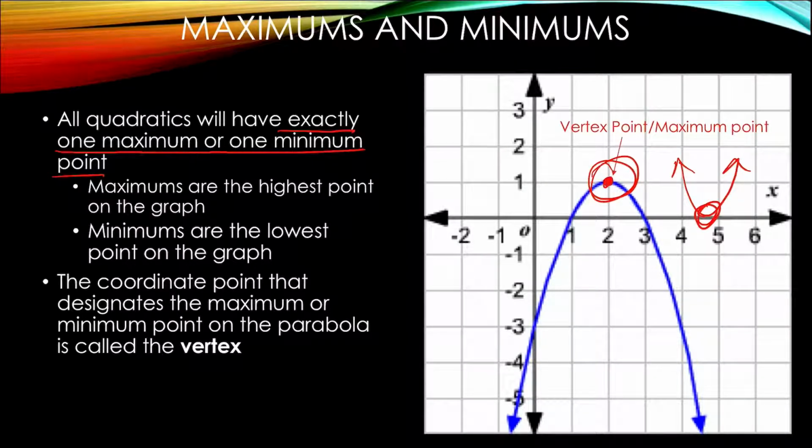The coordinate point that designates the maximum or minimum point on the parabola is called the vertex. So this point right here is the vertex of the parabola. Vertex points are really important. As we continue on with this lesson, you're going to see that the vertex tells me a whole lot about what's happening. It's a good middle point.